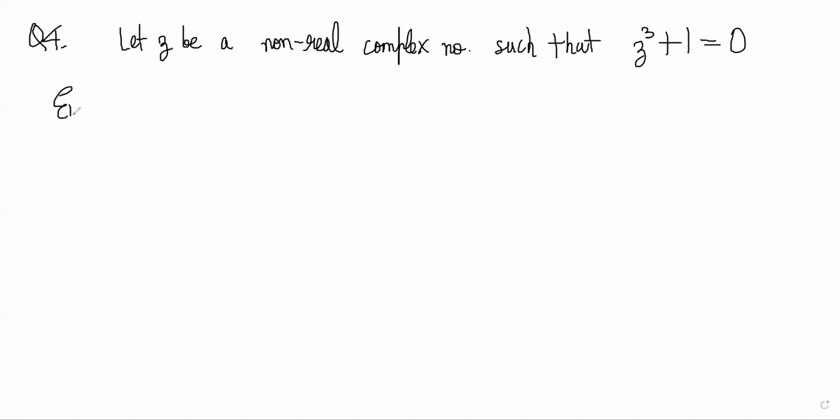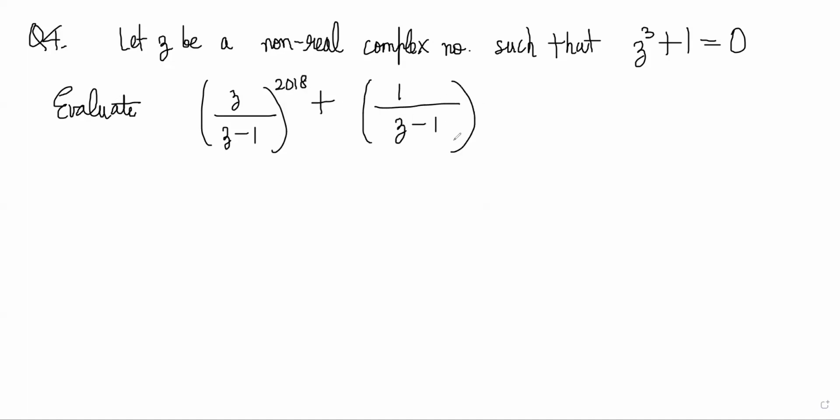You have to evaluate z by (z minus 1) to the power 2018 plus 1 by (z minus 1) to the power 2018.